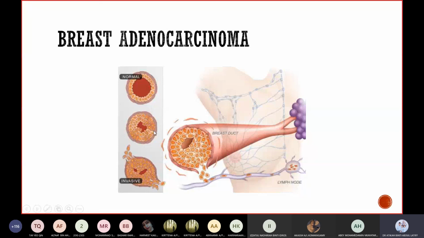But if it doesn't cross this basement membrane, it is localized inside the breast tissue. However, if it crosses the basement membrane, here this is the basement membrane, it can enter the lymph node, for example, or enter the blood circulation and travel to other parts of the body and cause metastasis. We call it metastasis if it travels and results in cancer in other parts of the body. So the cancer has already metastasized.